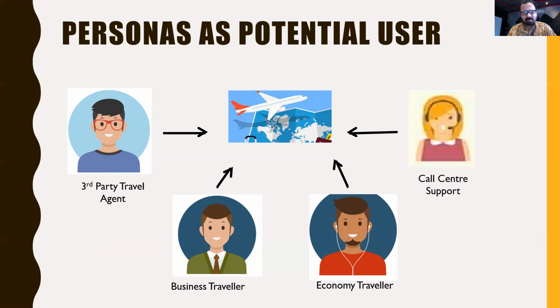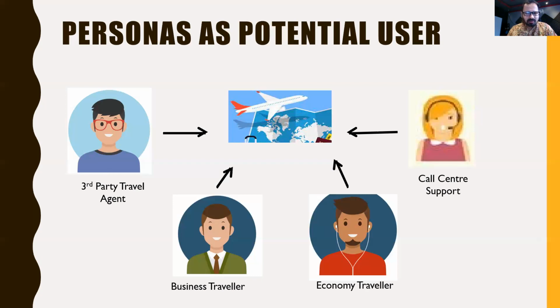Maybe they have some holiday packages, we have some kind of functionality there, and maybe we pay them a set commission, or we give them a 5% or 3% discount, and that is their revenue or whatever, right? And there are other people who are the call center support. The call center support is maybe the internal group supporting the application. Maybe they are supporting the travel agents and also the various travelers.